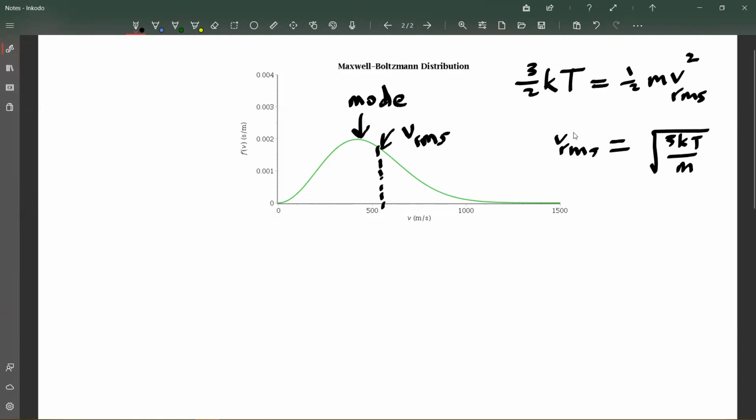So there's a very tiny percentage of particles that are going, sorry, you couldn't see my cursor here, way out here. There's a very tiny percentage of particles that are going way faster than most of the particles are going. There's not many of them, but because this curve doesn't really reach zero until you're way out to the right, there's a non-zero percentage of particles that are going much faster than the majority of the particles are going. And where was I going with this?